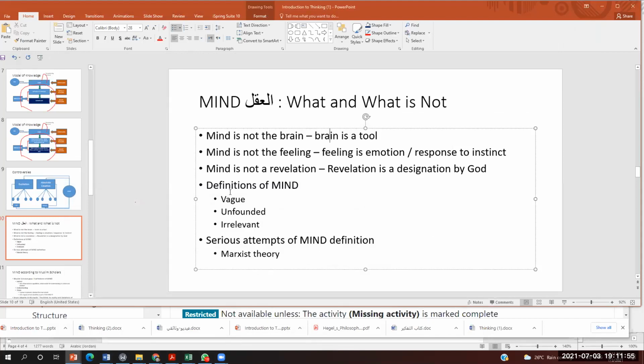Okay. In general, most of the previous definitions of mind until today were either vague, and we'll show some examples, or unfounded, simply without evidence. I'm just saying that, that's my opinion. Or irrelevant. They are not relevant to the method of thinking or to the production of thought. The most serious attempts to define what mind is were by two philosophers, Marx and Hegel.